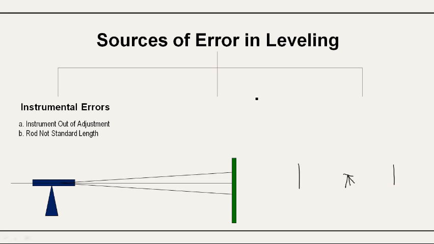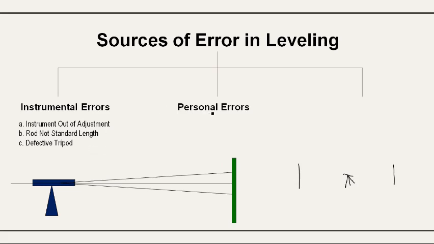And next is the defective tripod. If the tripod is defective, the instrument we use can no longer be leveled, so our readings will have errors. Okay, so these three are the types of instrumental errors.